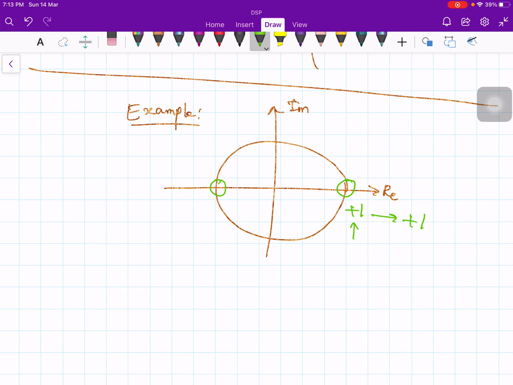Similarly, a zero at minus 1 has reciprocal minus 1, so it can occur singly or multiply.